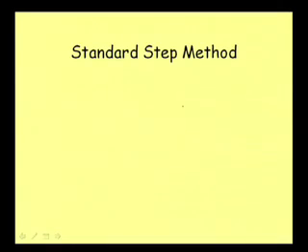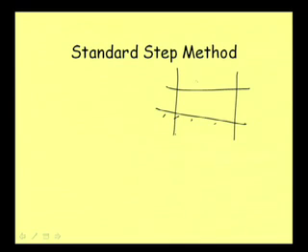Well, just to say about the very basic theory of this particular standard step method, now you can concentrate on the slide. What we can do is write the energy equation between two sections, section 1 and section 2.